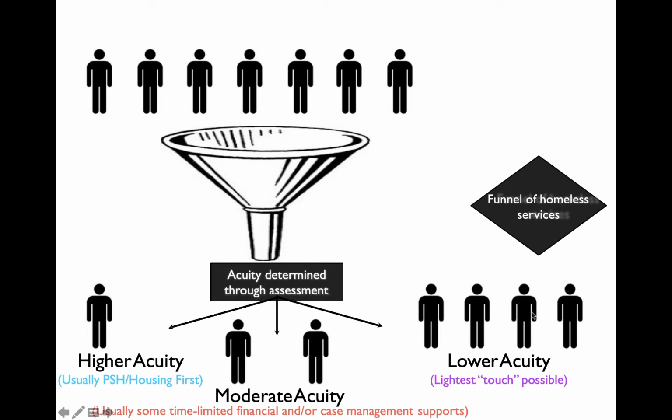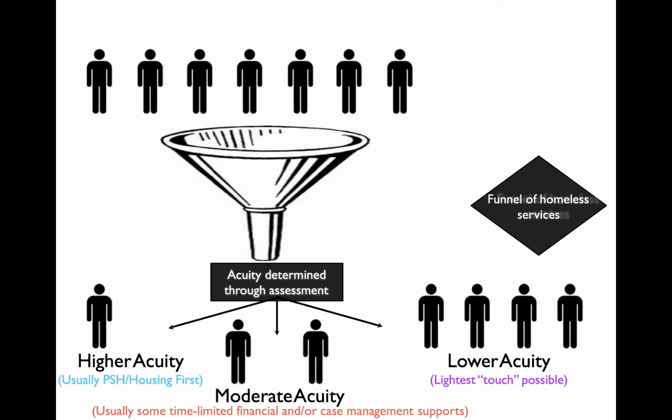The people that just need light touch, a simple phone call, simple connections can be put through diversion and given minor services, and it will prevent their homelessness altogether. Whereas these folks may be diverted even for a short period of time, but are more likely to return or become in need if they don't have higher intensity case management supports.